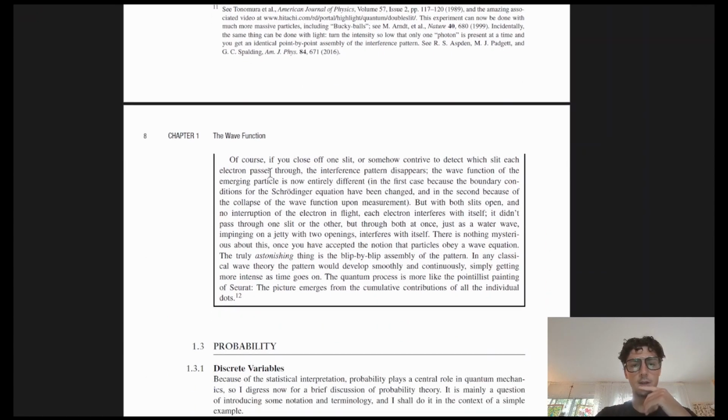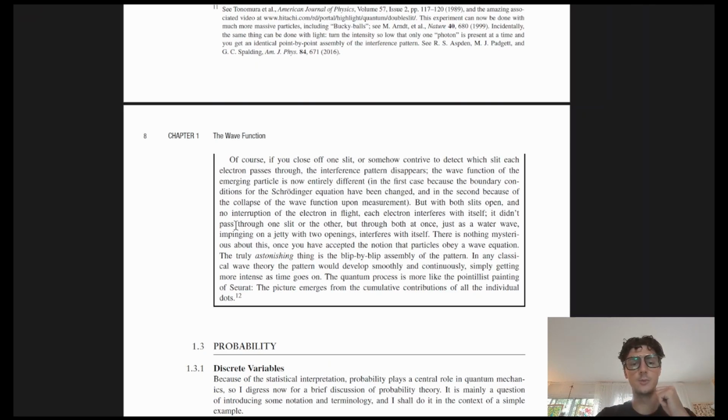Amazing. Of course, if you close off one slit or somehow contrive to detect which slit each electron passes through, the interference pattern disappears. The wave function of the emerging particle is now entirely different. In the first case, because the boundary conditions of the Schrodinger equation have been changed, and in the second, because of the collapse of the wave function upon measurement.